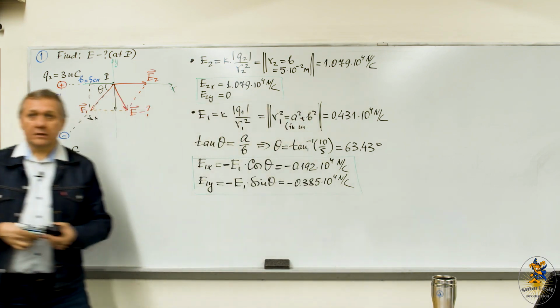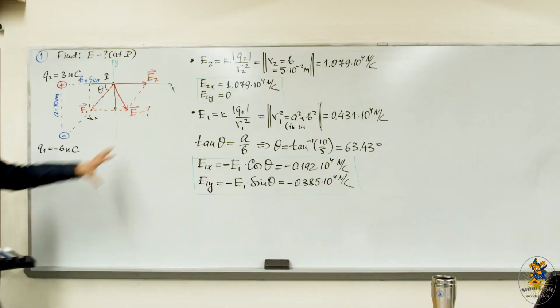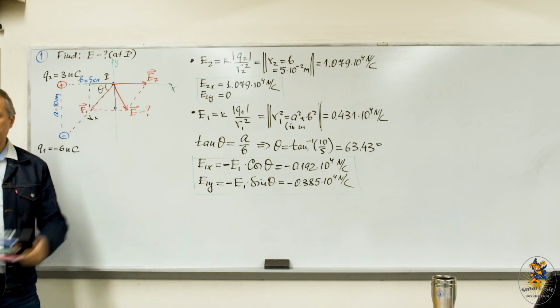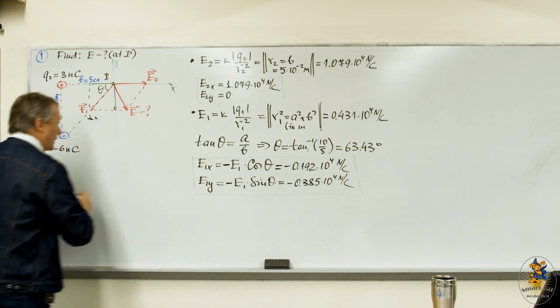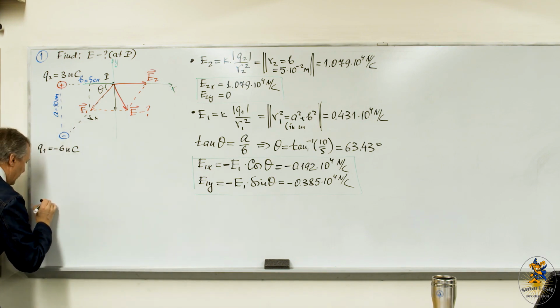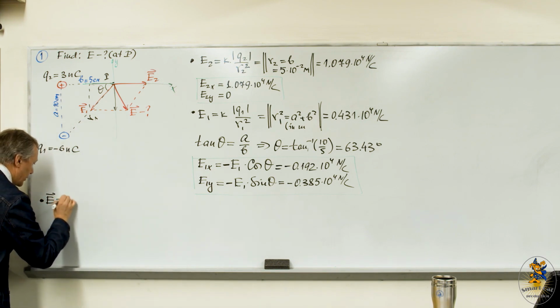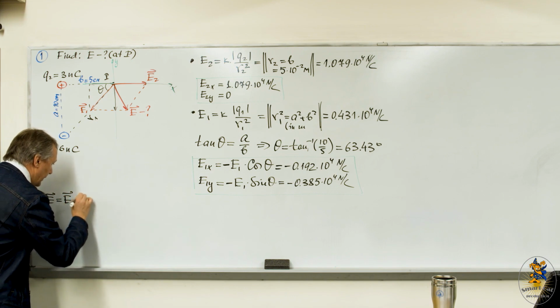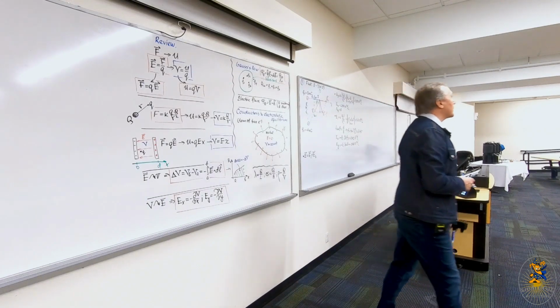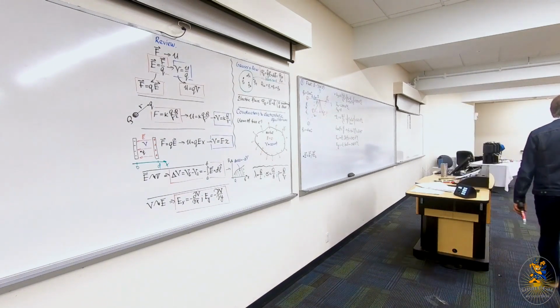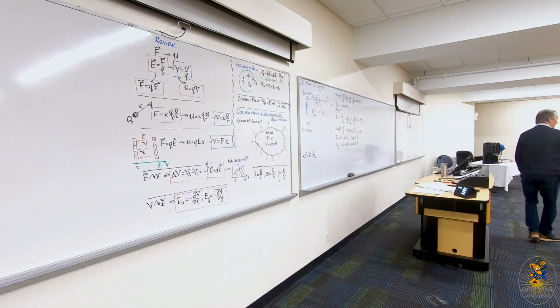And now the last step, we just need to add corresponding components, x components and y components, in order to find the components of the net field. So now E equals E1 plus E2. It's in vector form, but guys, is something not clear? Good?